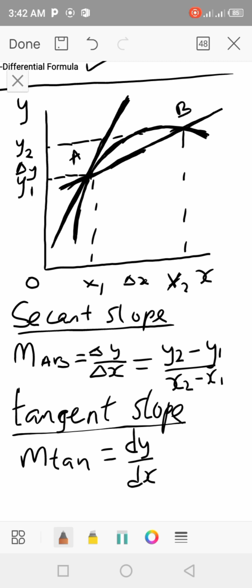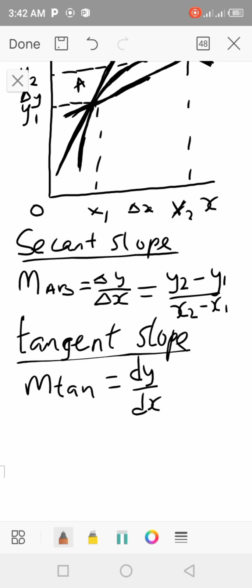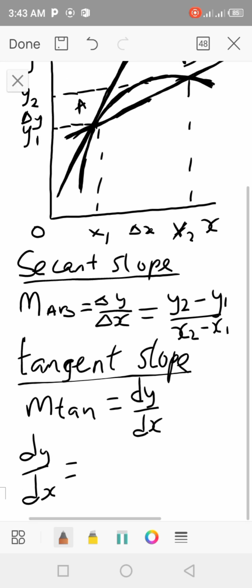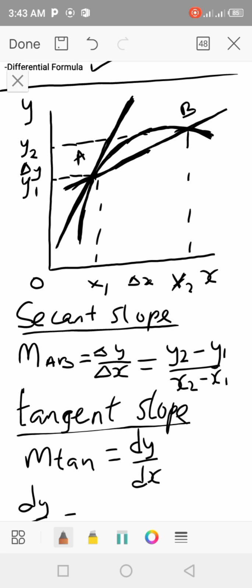And that, I mean dy dx, is talking about slope at a point, slope at the initial point, at the initial state. So instead of finding slope over an interval between 2 points A and B, now we are just looking at the slope at point A. Are you getting it?